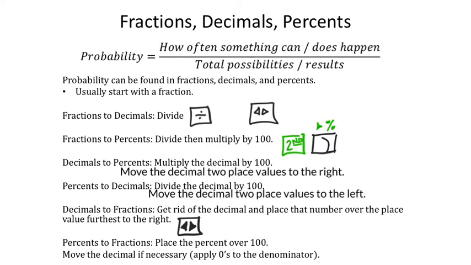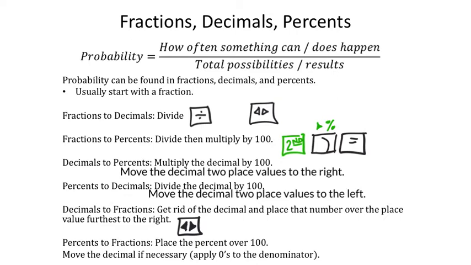And then of course you'd have to push enter after that. But yeah, the calculator knows how to do that. In fact, what I've shown here for fractions to percents, you do the same thing for decimals to percents as well if you wanted to. All right, so that's the same for both of those.